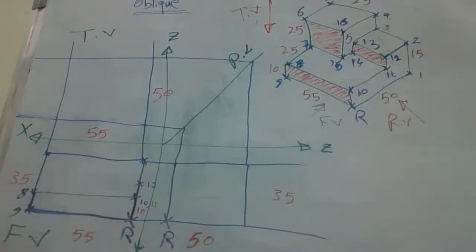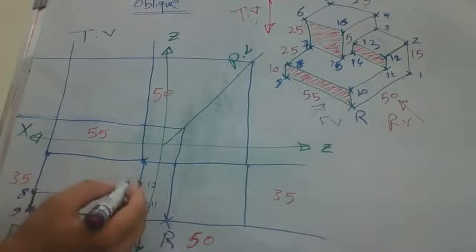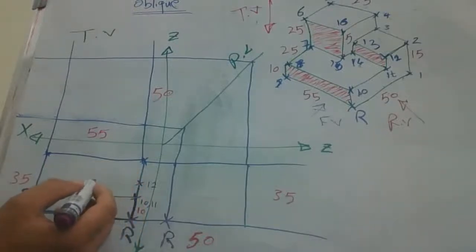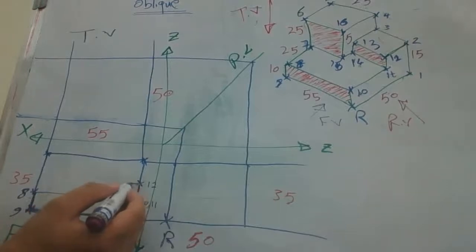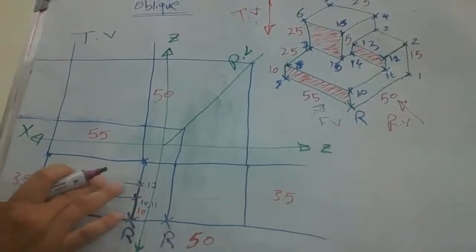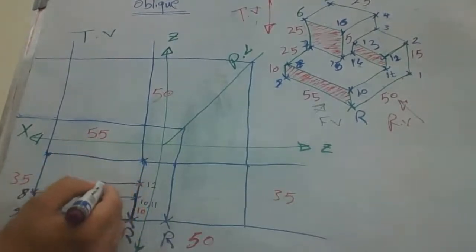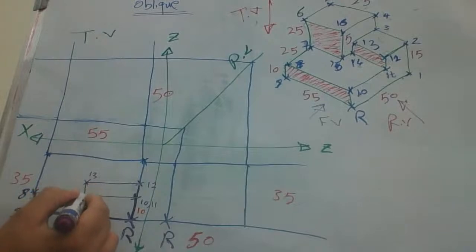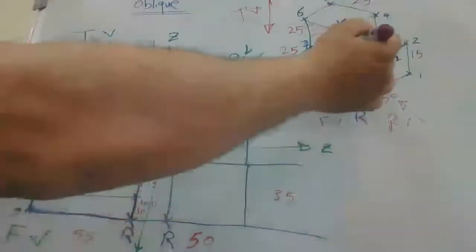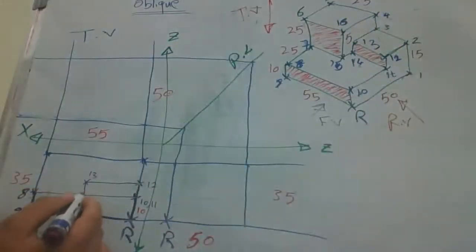From 12 to 13 is 30 millimeter. Take a vertical line between 13 and 13.